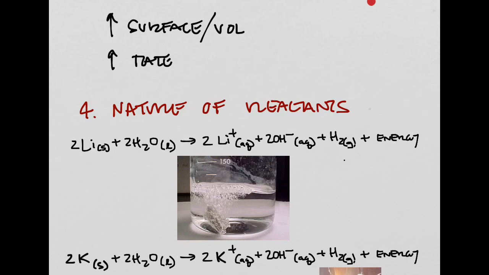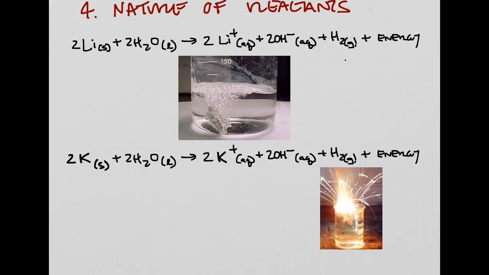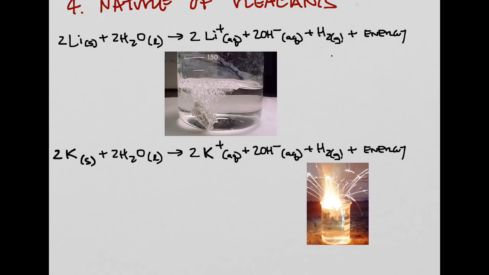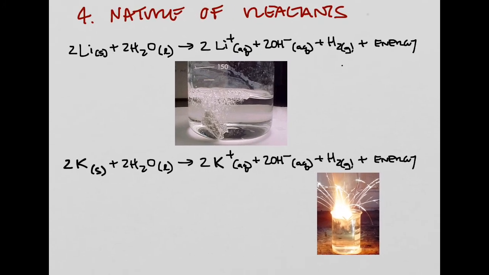You're going to produce energy, hydrogen gas, there's going to be an ionization event, etc. However, when you put potassium into water, this is what it looks like. It's a pretty explosive affair. So obviously, the rate of reaction that's occurring there is at a much higher rate than it is when we have lithium here. So sometimes just simply the nature of the reactants involved will determine the rate of the reaction.